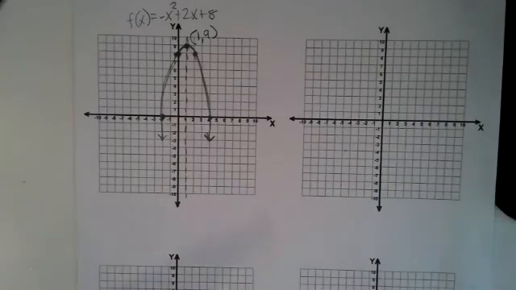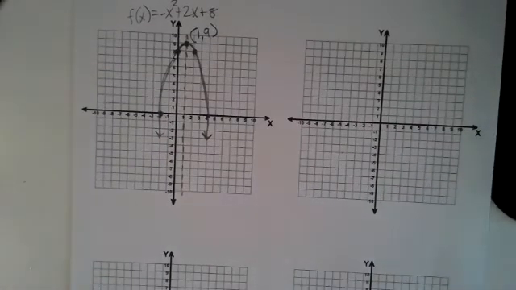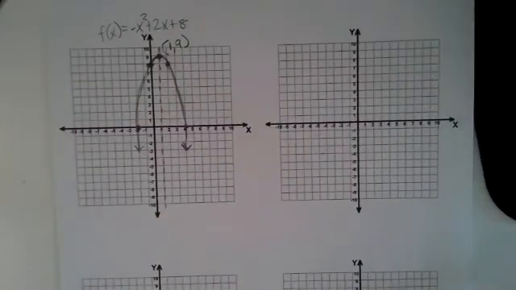And then the other thing I want to touch on very quickly is this idea of domain and range. So there is not a 100% correct way to write the domain and range. You could write it in set notation, or you could write it in interval notation. If you do not remember what those things are, I suggest you go back to your notes from September 10th, where we talked about compound inequalities.